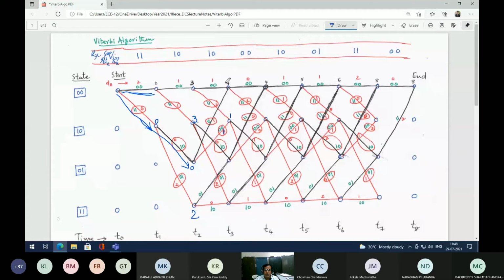But if I come this way, it becomes 4, since 2 plus 1 is 3, and 3 plus 1 is 4. But if I come this way, 0 plus 1, this is only 1. So I'll strike off this 4 and write it as 1.